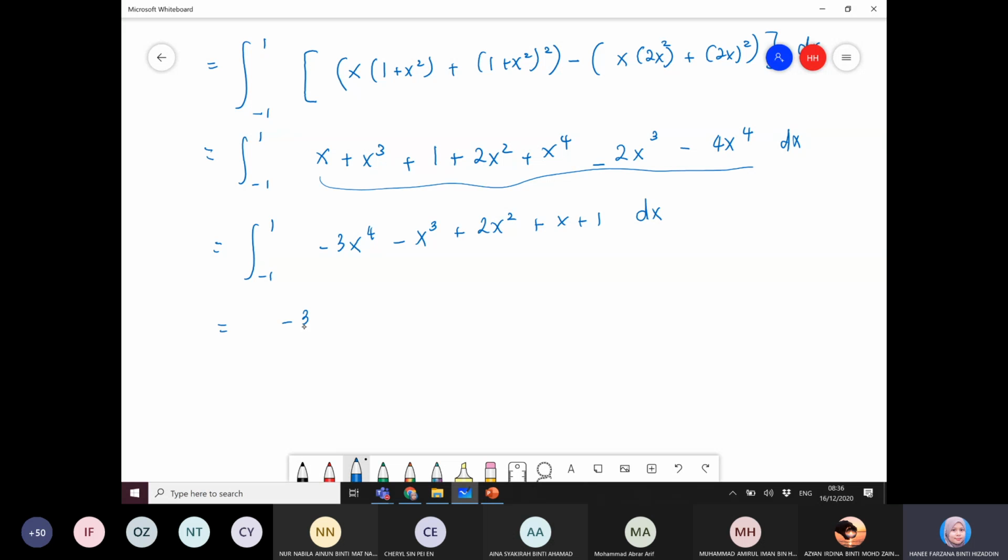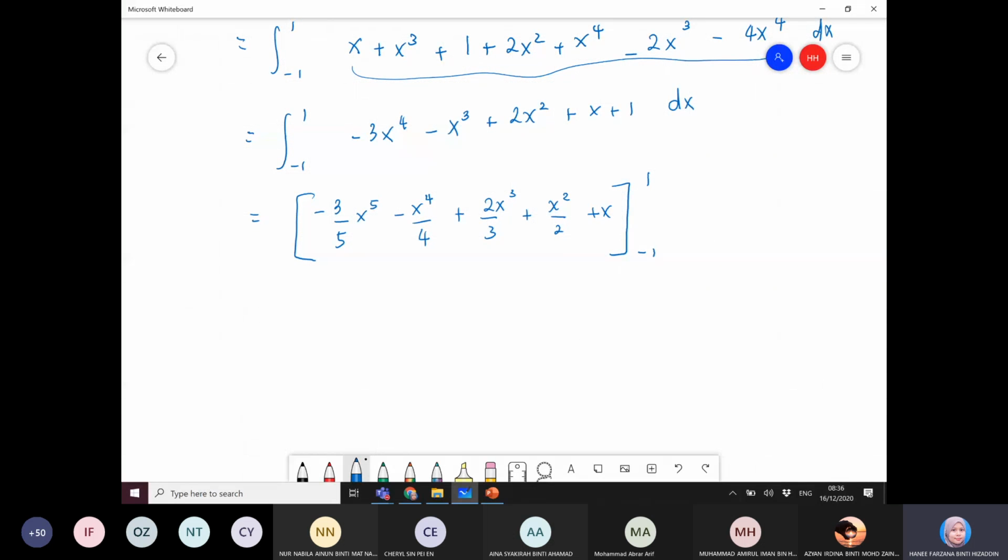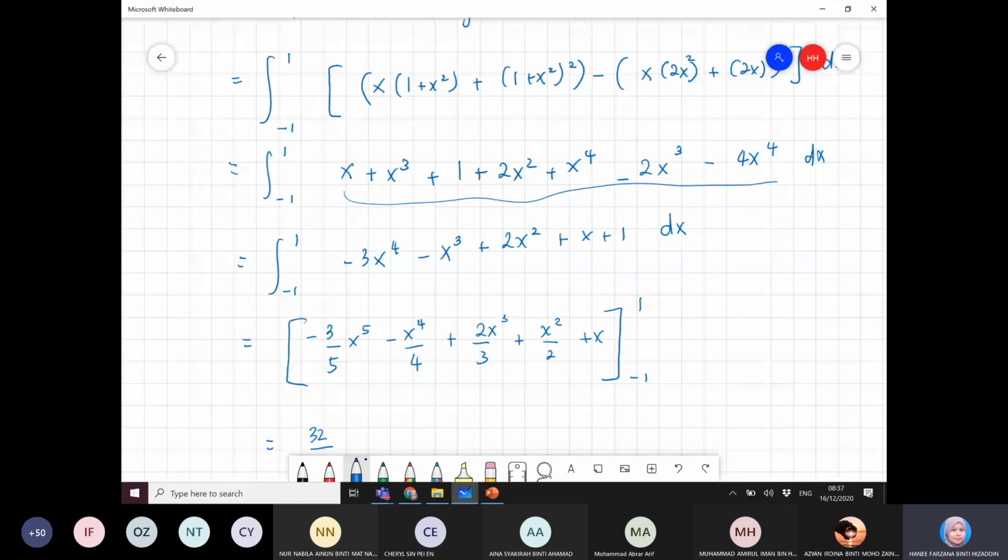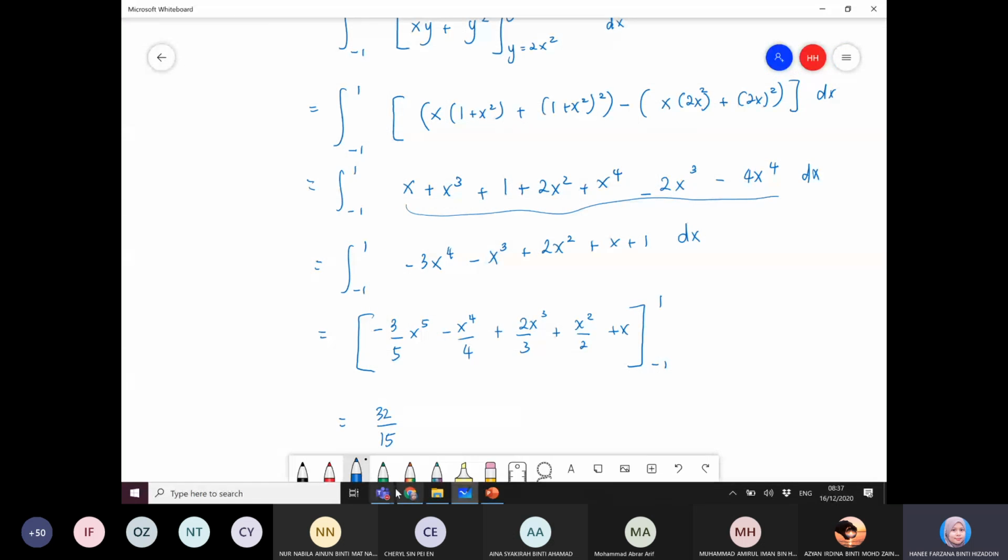Then you integrate, and put in the limits from x equals -1 until x equals 1. Then you calculate, and from the answers given in your book, in your notes, you should get 32/15.